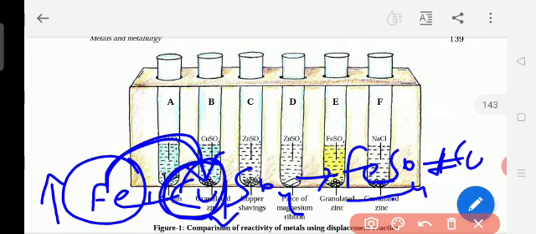Here also, iron is more reactive than copper, so metal gates prepared from iron will get rusted very soon when in contact with water and oxygen, because it is more reactive than copper, silver and gold.